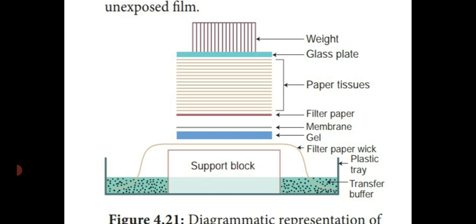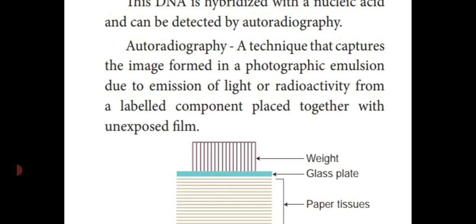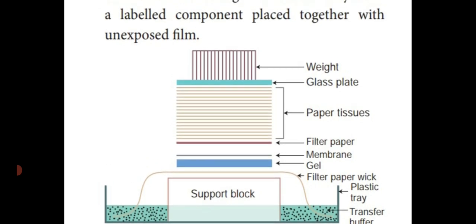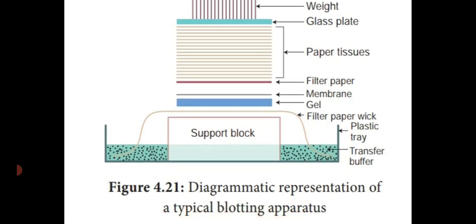That means it is a technique which takes copies of images by using photographic emulsion, from light emission or radioactivity from the labeled compound placed together with the unexposed film. Then they show the DNA fragments, by using autoradiography, separated from the agarose gel to the nitrocellulose membrane.